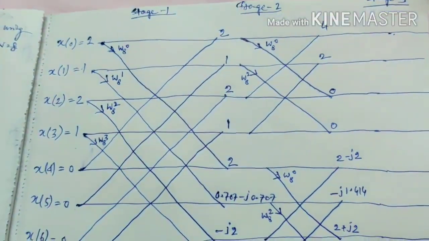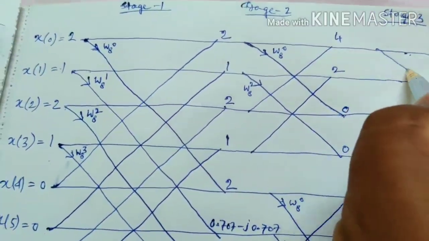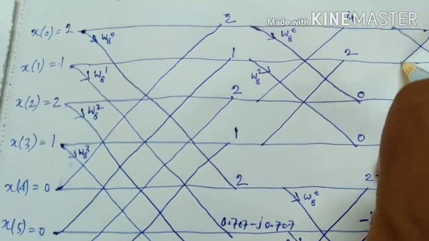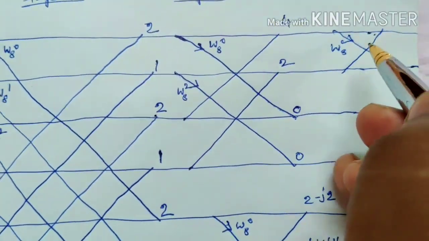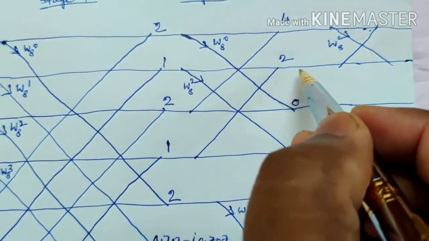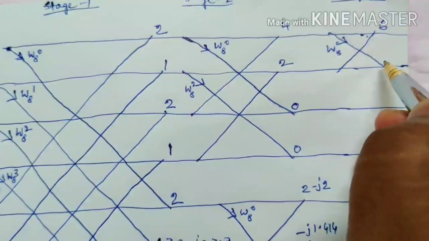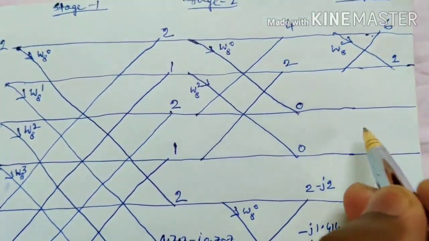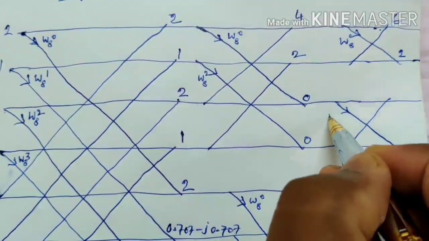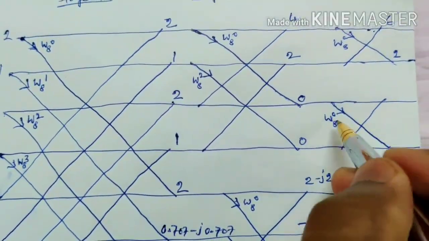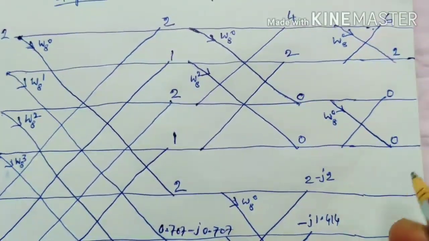And now for stage 3. In the stage 3 operation, only the twiddle factor omega 8^0 is used. So the A value is 4, the B value is 2, so that value will be 6, and that value will be 2. Similarly 0 and 0, so both values will be 0 and 0.